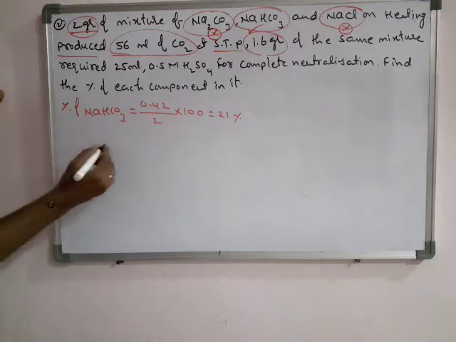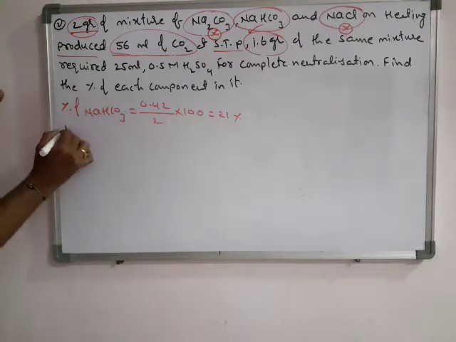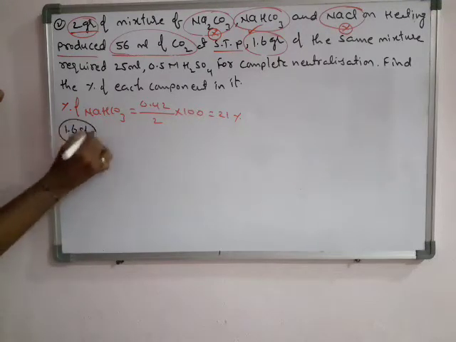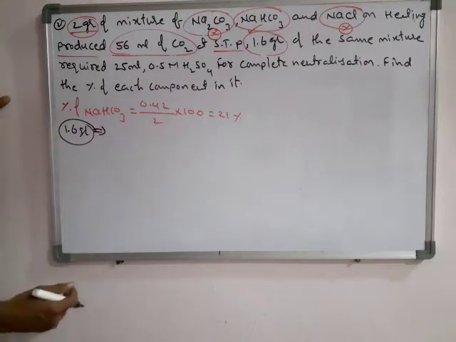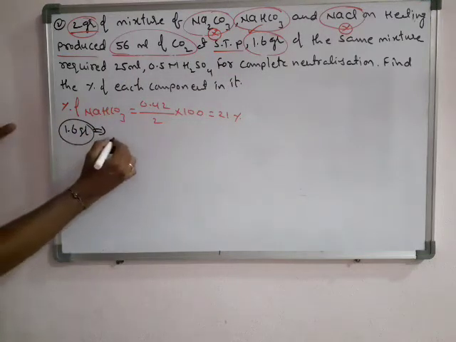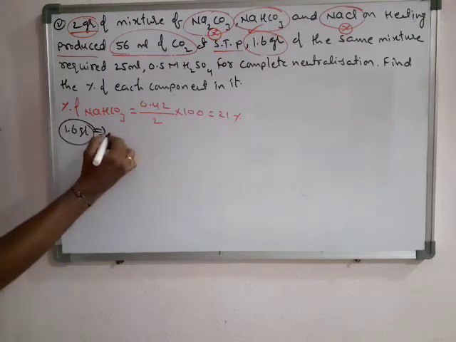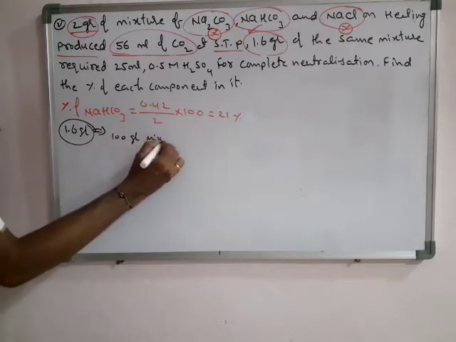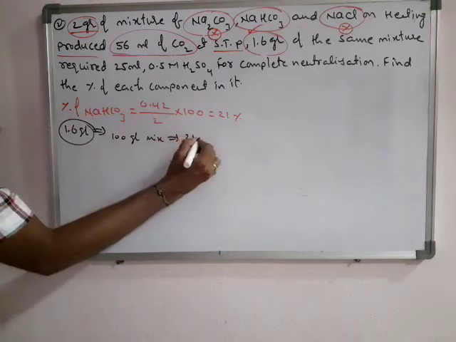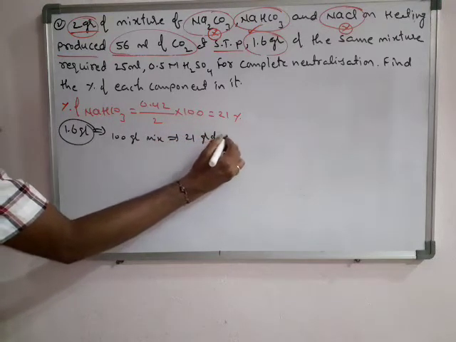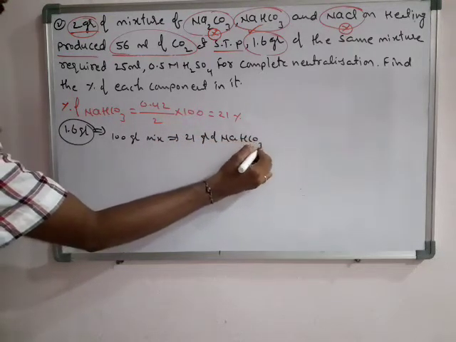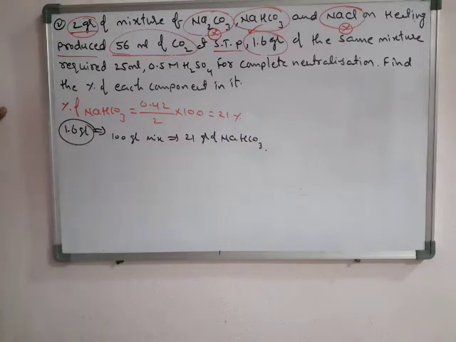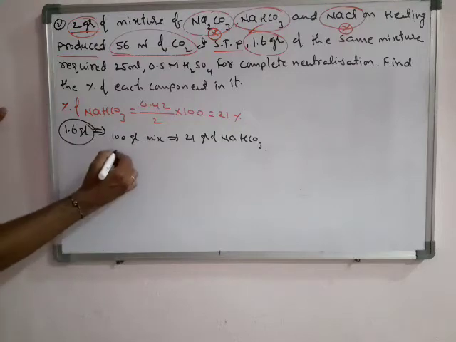So here we can write, now we are taking 1.6 grams. Now let us do the calculation for the total 1.6 grams. Okay, the percentage, so generally let us take 100 grams. So in 100 grams of mixture there is 21 grams of NaHCO3 present. Then what about in 1.6 grams?